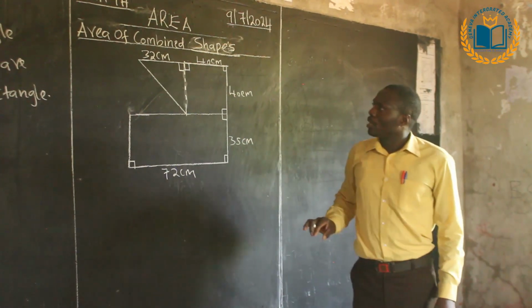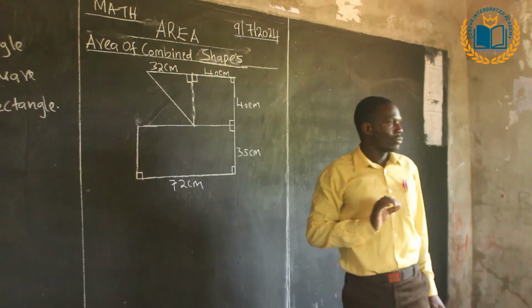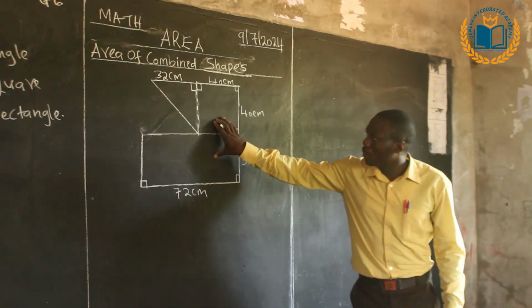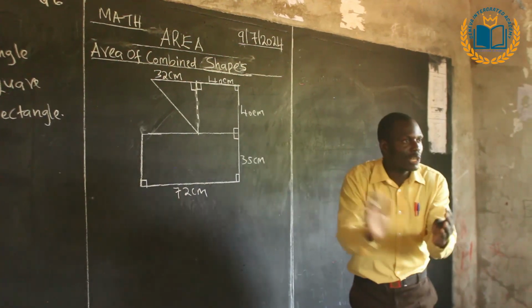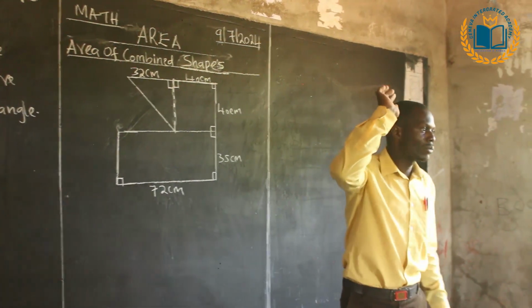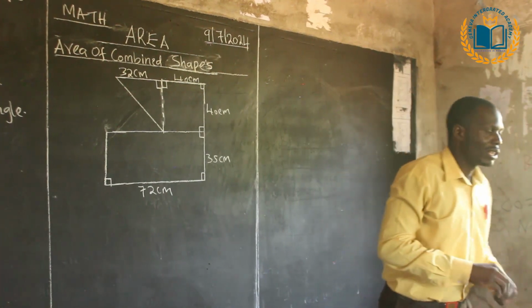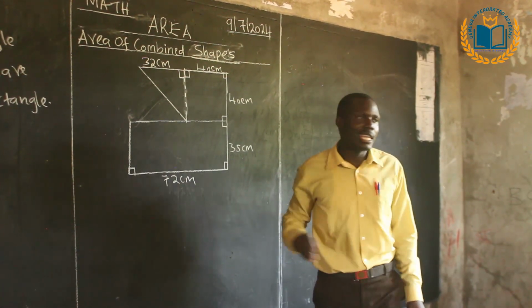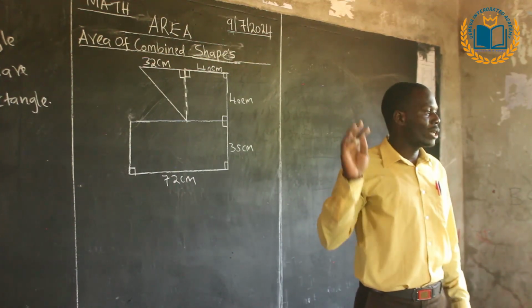Now, let us look at the blackboard. This is just an example of those combined shapes. Looking at the board, we can see different shapes combined together. Which shape can you see? Yes, Omar. Omar can see a square. Any other shape that you can see?